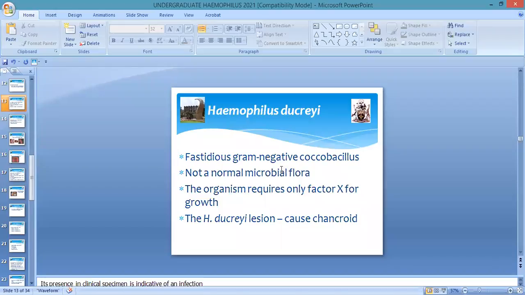In terms of distinguishing it from Haemophilus influenzae, it only requires factor X for growth, and this organism has been associated with chancroid, which is a sexually transmitted disease. So the fact that it is not a normal flora, its presence is usually indicative of an infection.